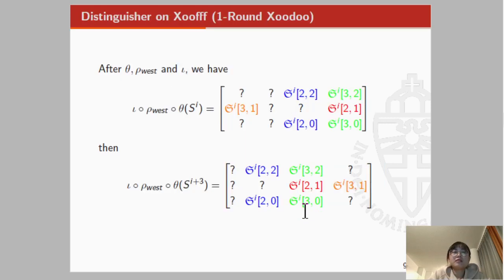With this weakness, we found a distinguisher on one round Xoodoo. That is, after theta, rho-west, and iota, we found that the lanes marked with the same color have the same value. For example, this lane is equal to this lane.